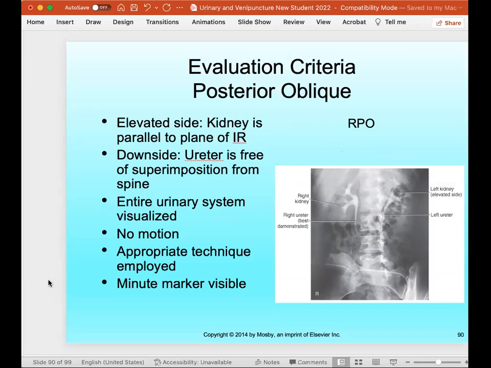That's very important to know. Okay, you'll see that on an exam, you'll see that on the registry. Okay, so for IVUs, your RPO, your obliques, it is important that you know what's best visualized on the RPO, what's best visualized on the LPO. Remember, downside ureter, upside kidney.